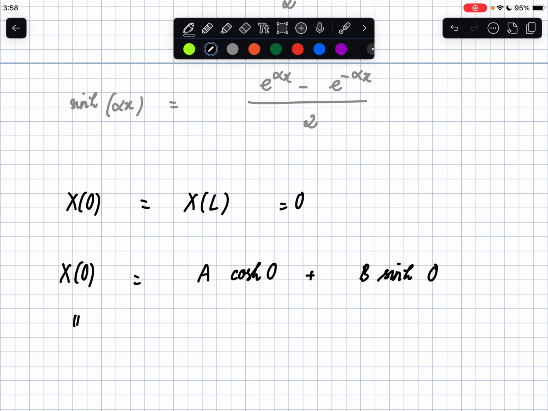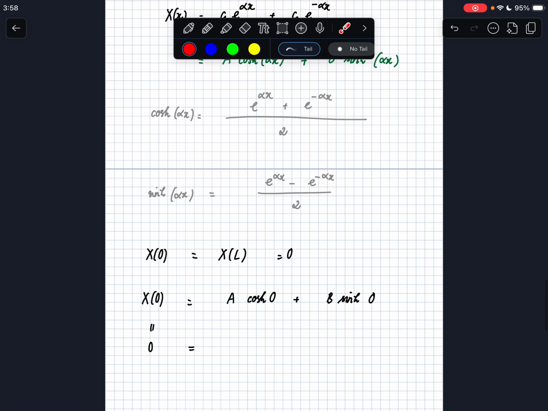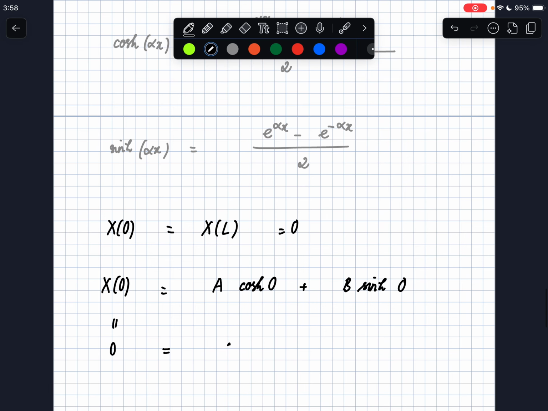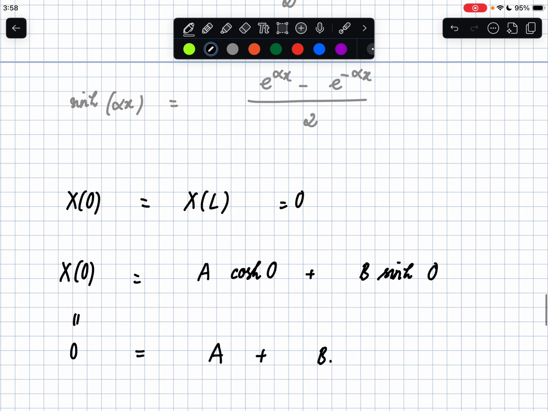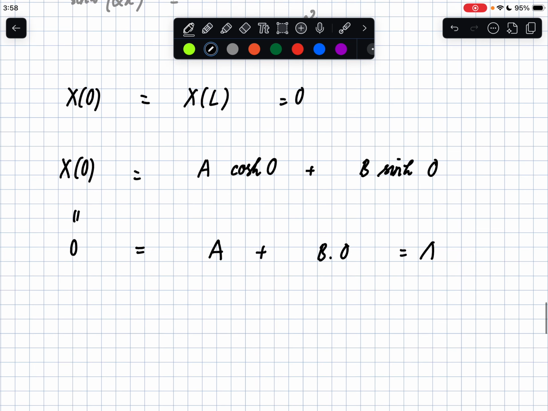This one is 0. Cosh 0 is 1 plus 1 over 2, so A. Sinh 0 is exponential 0 minus exponential 0, so 1 minus 1, which is 0. B times 0. This means A must be 0.